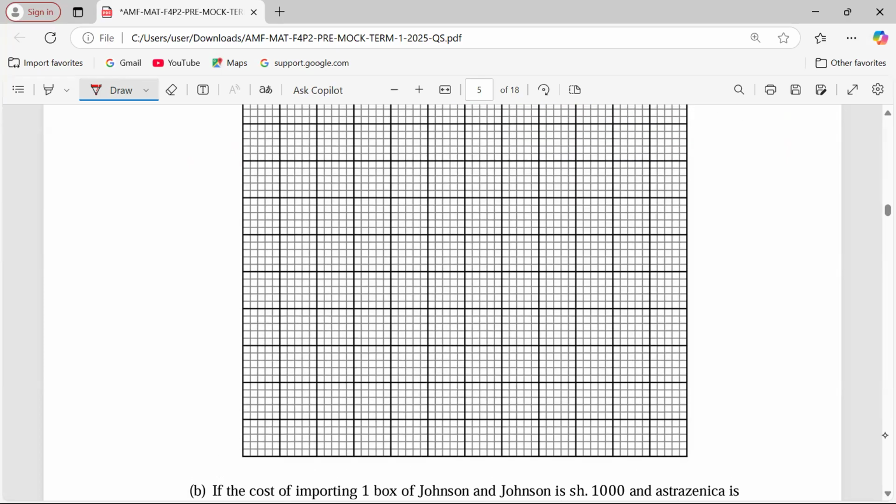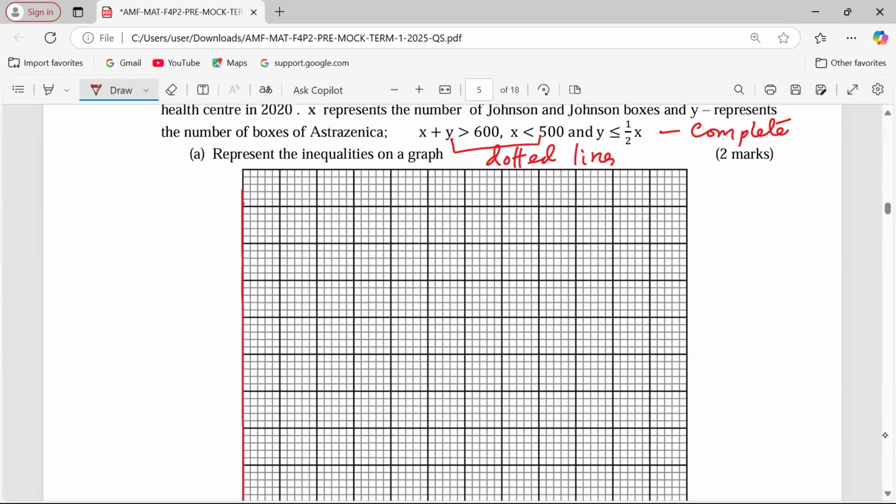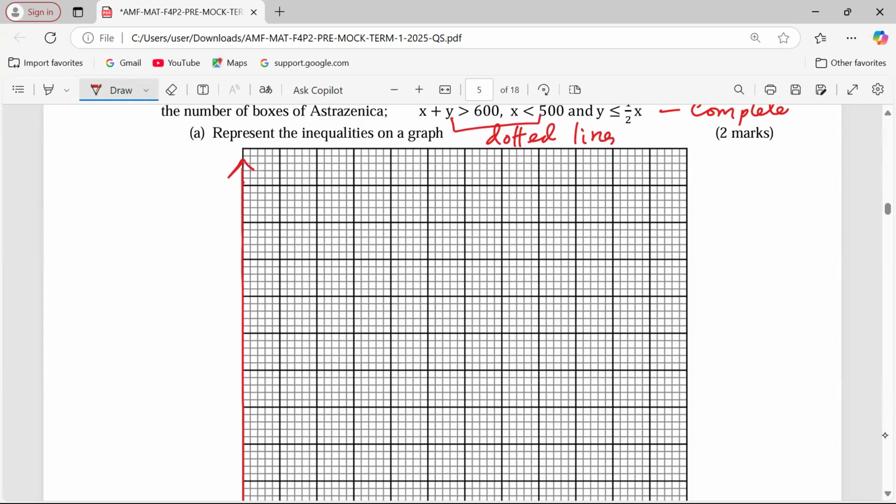Now we're going to have the axis here. That is the vertical axis, the y-axis.